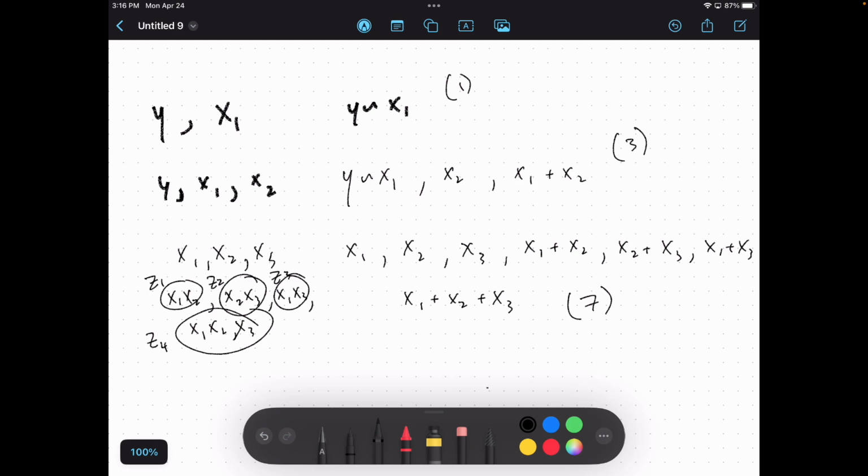So now the rate at which my body of variables grows is growing exponentially. As I add more terms, trying to investigate interaction terms grows at a 2 to the 2 to the n rate. And so there is no simplified procedure to try and brute force this in any way.